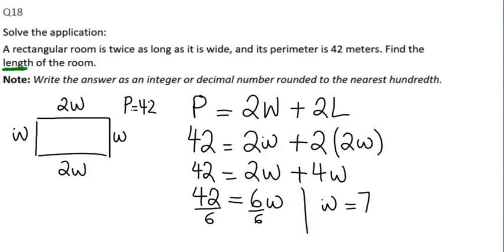So the length will be this. So this is 7, 7, 14, and 14. If I want to test if I'm correct, I add all these numbers and it must be 42. Right? It's how you check your answer.